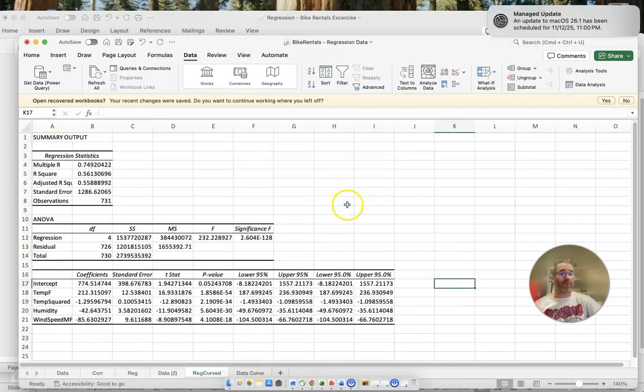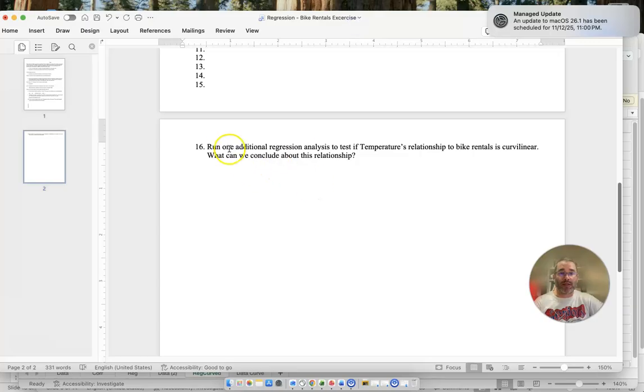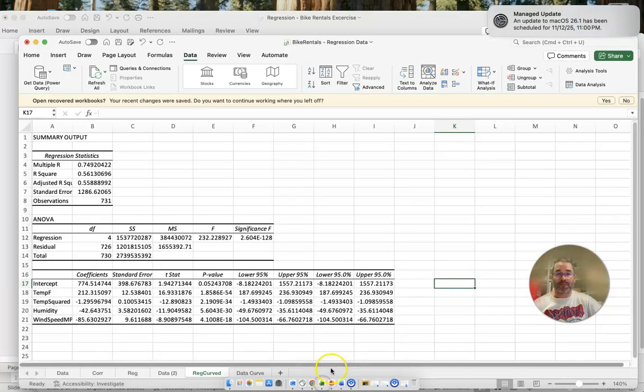Okay, and what I'm looking for to answer this last question, is it curvilinear? What I'm looking for is, is that squared term statistically significant? So I'm going back to the p-value of this new regression, okay, right here, and looking for my squared temperature independent variable.